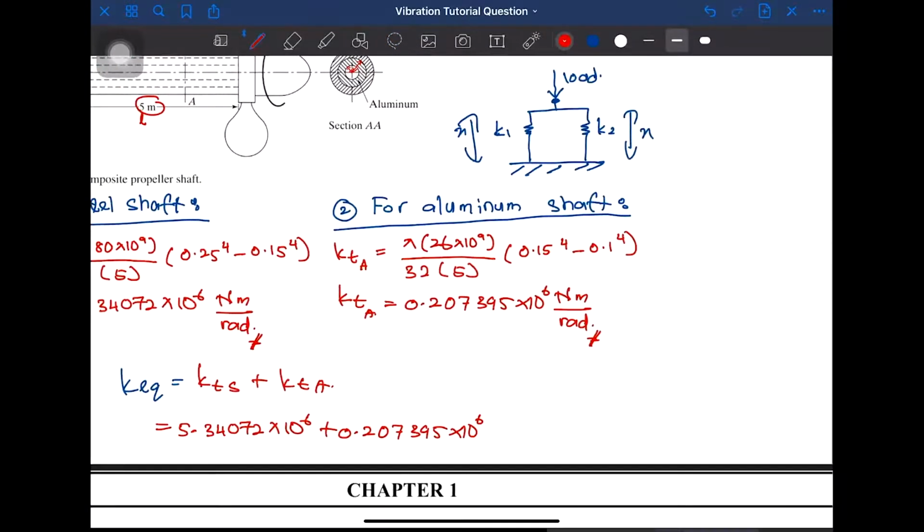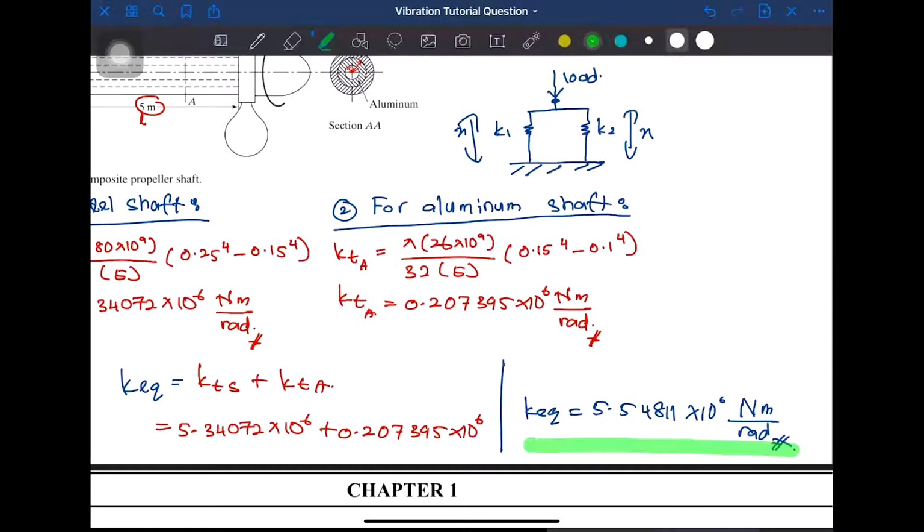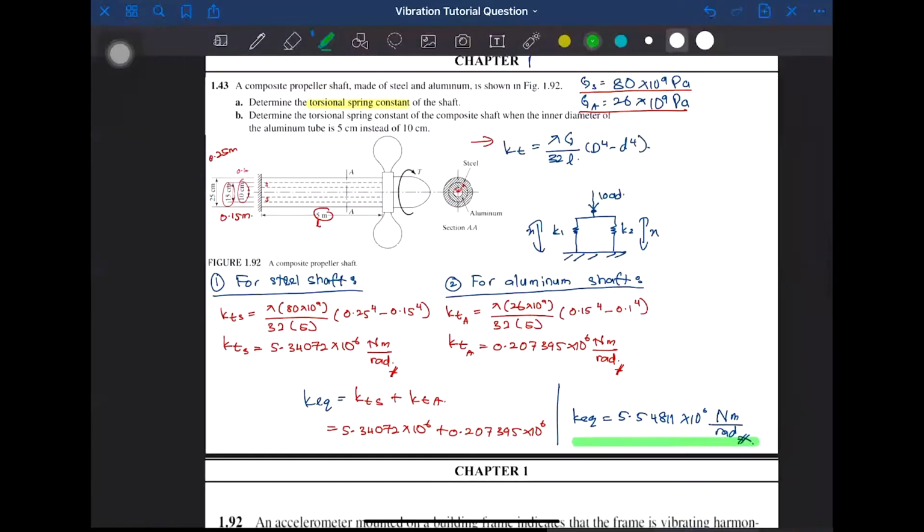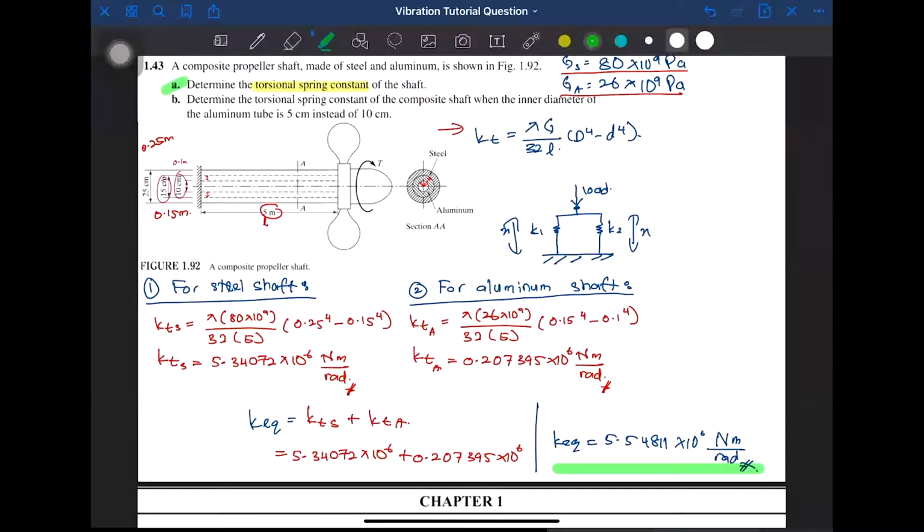In the end, your equivalent K is 5.54811 times 10 to the power of 6 Newton meter per radian. This is the answer for the first question, for A. We've already settled A here. Now let's try and find B.